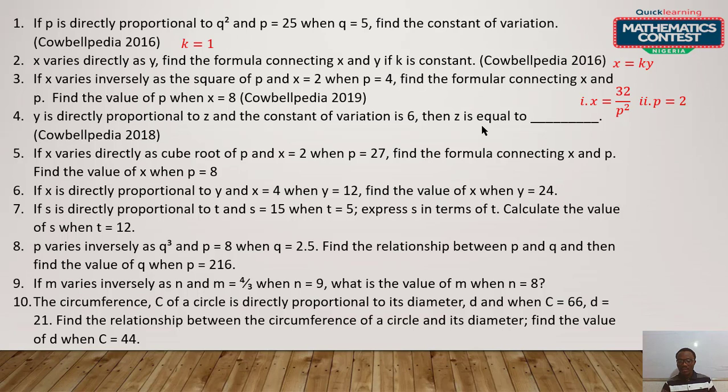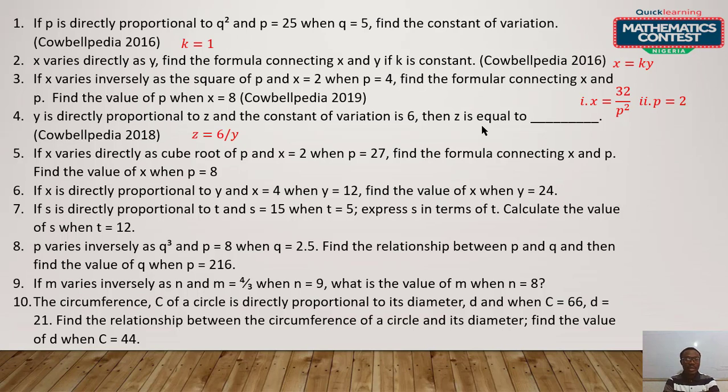Okay, 15 seconds to go. Get ready to stop. Okay, time is up. So the answer will be z is equal to 6 over y.